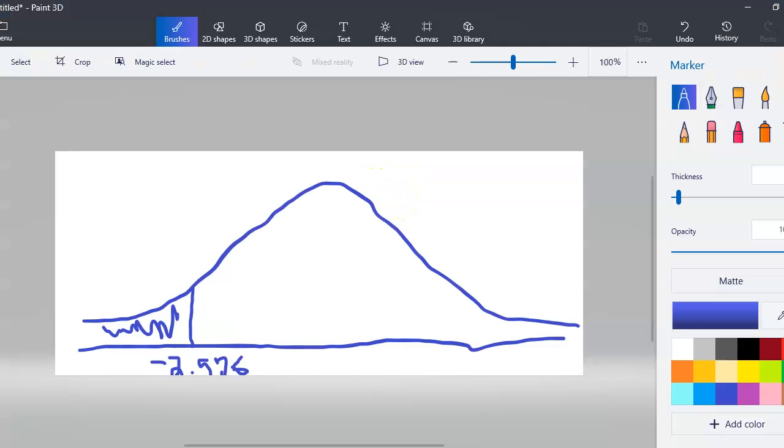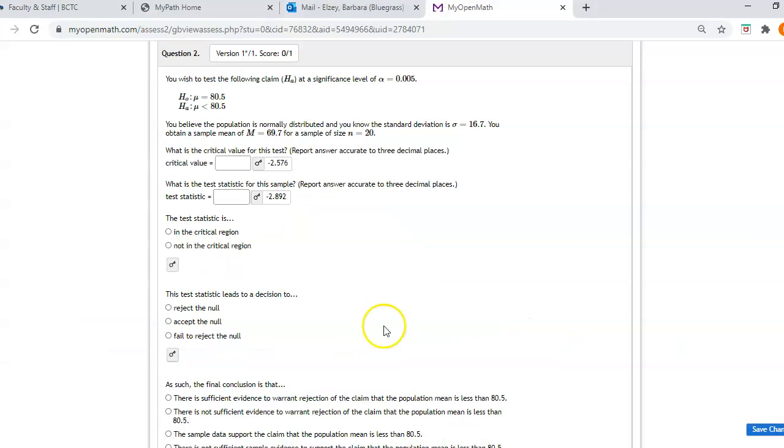Go back to my drawn picture. Negative 2.892 is to the left of negative 2.576, a little bit over here, which puts it in the rejection region. So negative 2.892 was our test statistic. It is in the critical region.